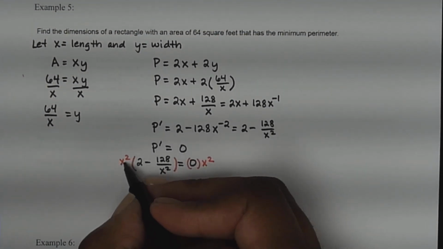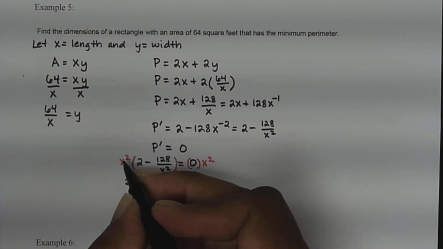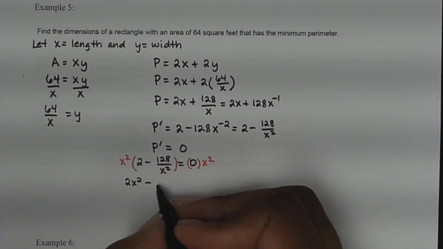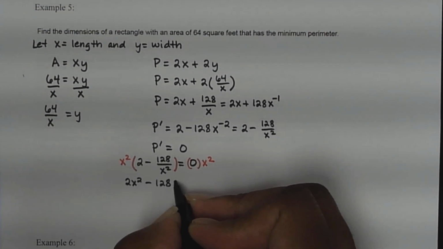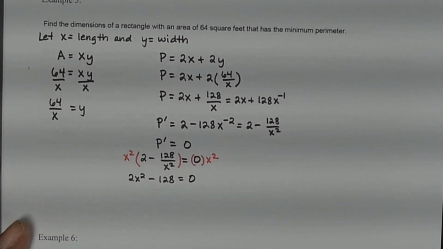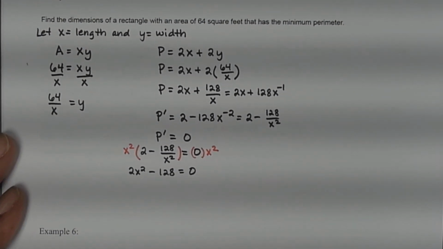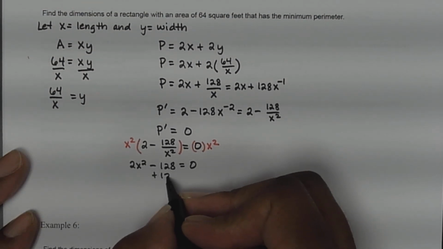So now if I do x squared times the 2, that'll be 2x squared minus x squared times the 128 over x squared. The x squareds divide out, I'll have 128 equals 0 times x squared, which is 0. And then to solve for x, I first have to add 128 to both sides.